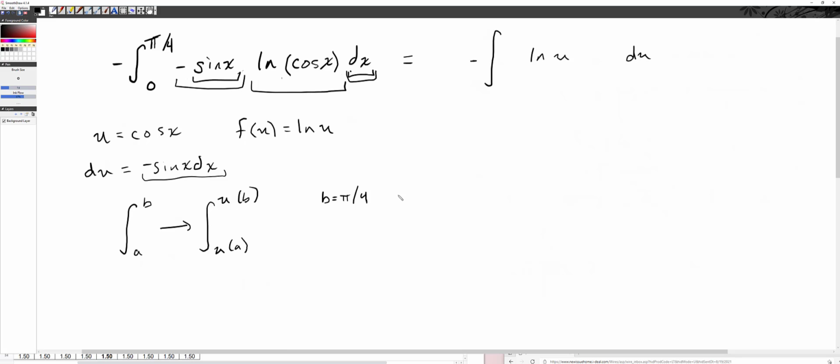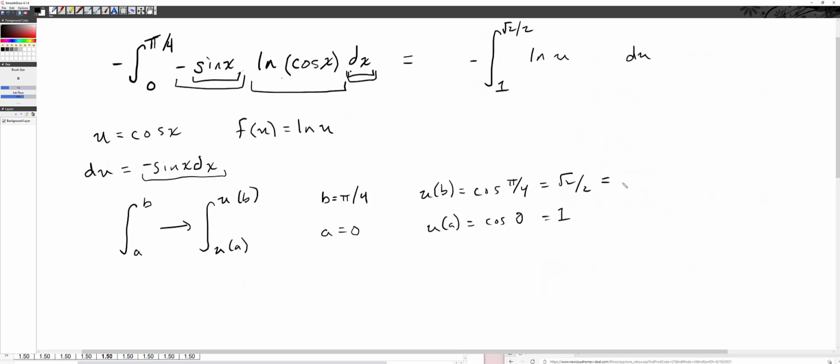And we're going to need to change that to u of b, which is cosine of pi over 4, and that's, again, square root of 2 over 2. a is 0, so u of a is cosine 0, which is 1. So that gives us these bounds.